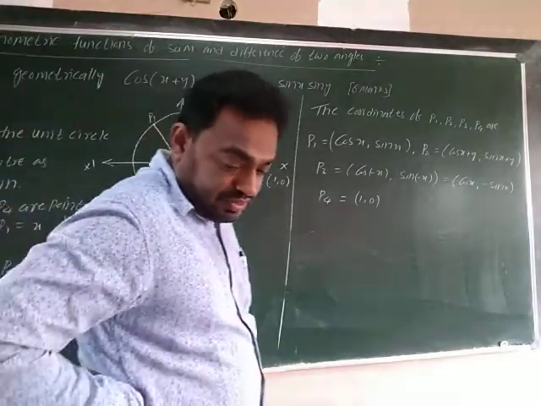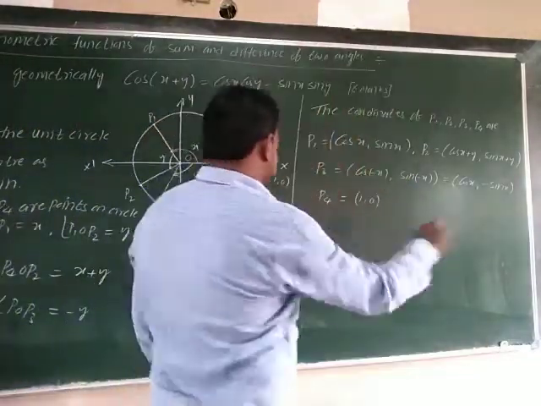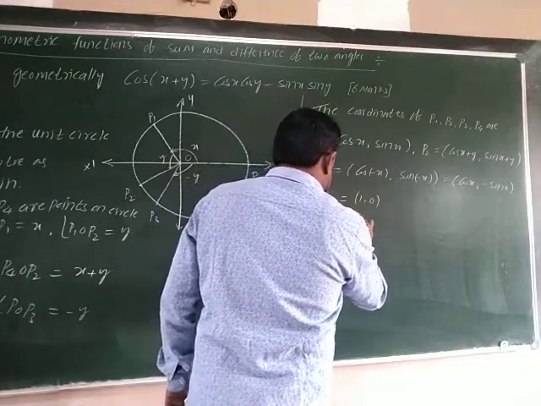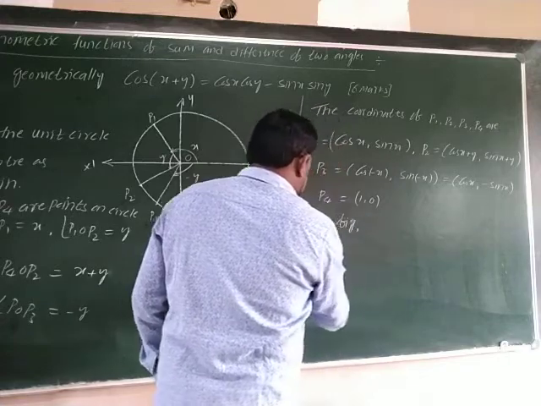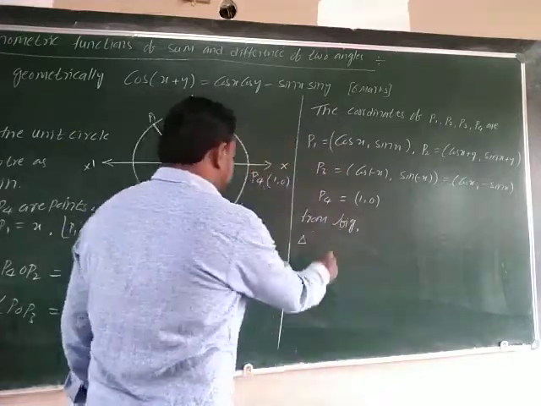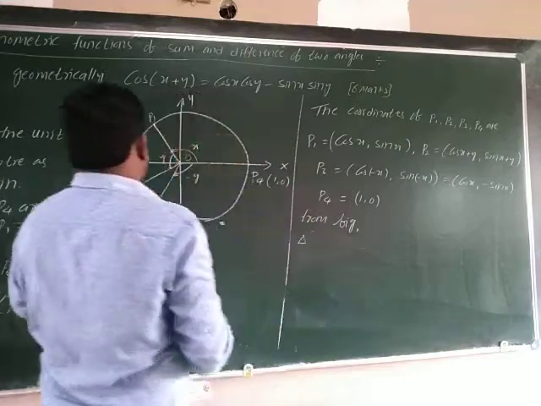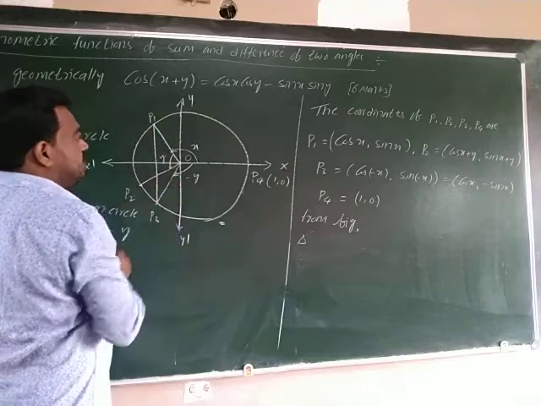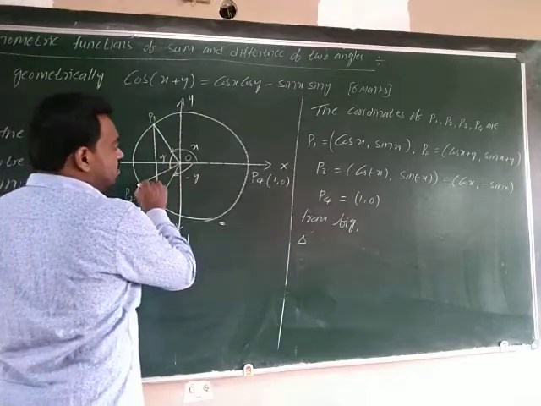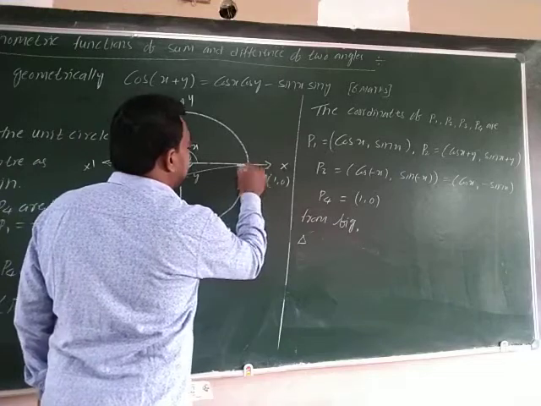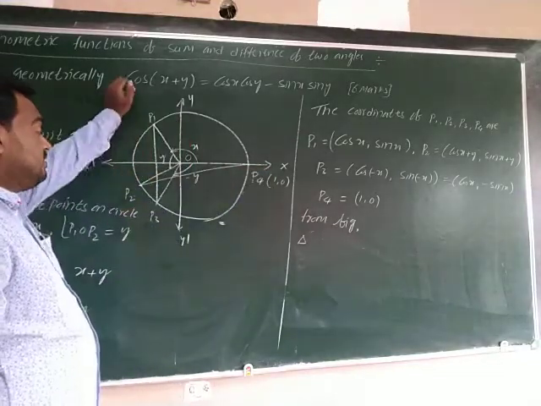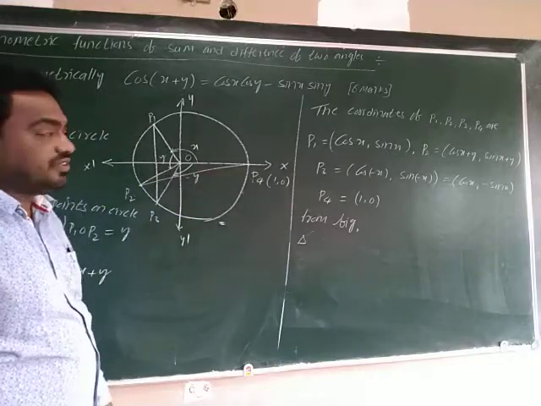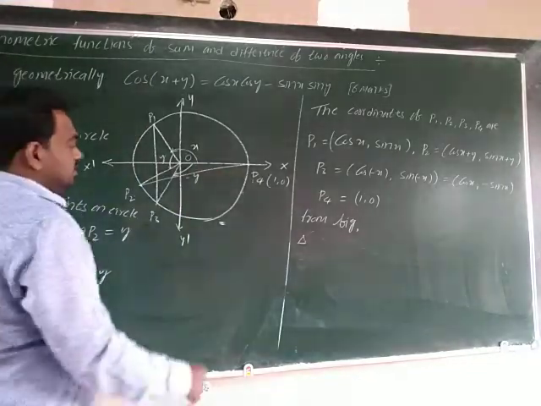Next, the triangles from the figure. Which triangles do you see? I'm joining P1 and P3, and P2 and P4. You see here two triangles.